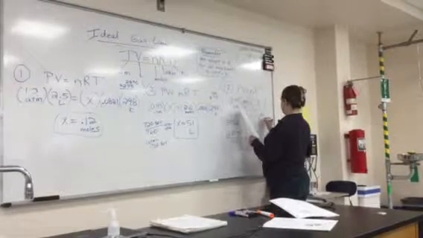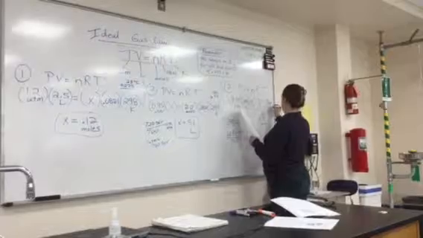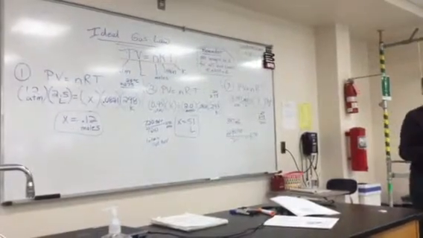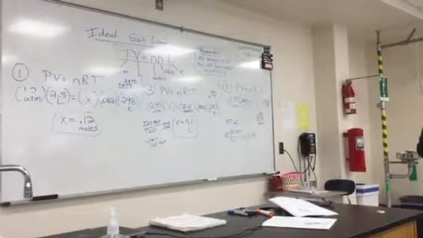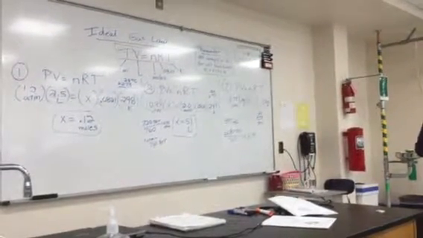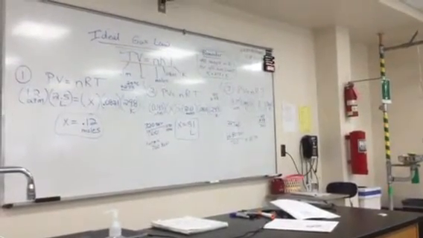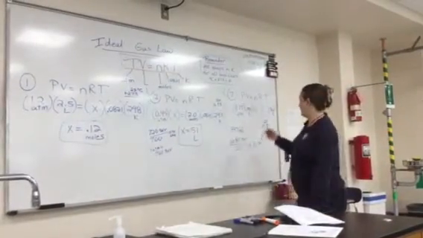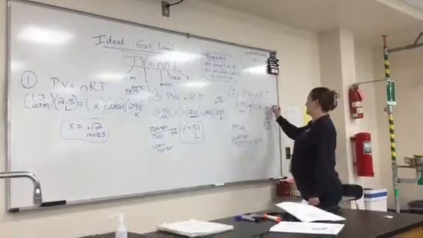We have 27 plus 273, so that is 300 K. Who can tell me what other things we're missing here? Number of moles. It says how many moles of gas are there. So that's x, and then this is 0.0821.